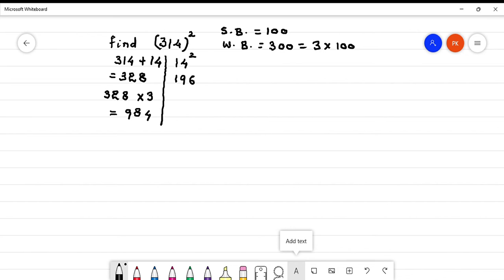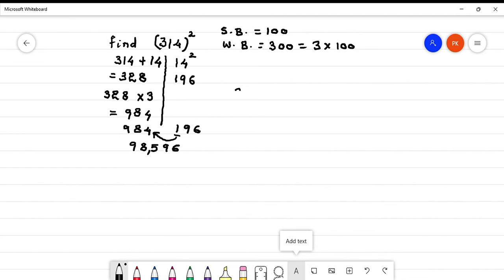Okay, so on the left hand side of the partition 984, on the right hand side of the partition 196. Now since the standard base is 100 and 100 has 2 zeros, how many digits will I keep on the right hand side? 2 digits, and 1 digit I will carry forward. 984 plus 1, 985, and 96 remains here, which gives me 98,596.